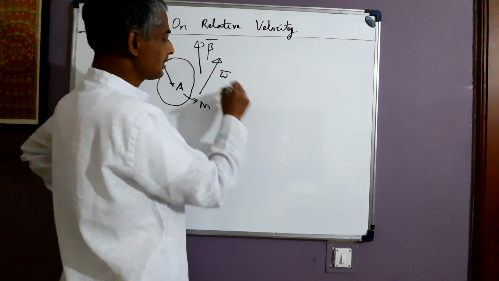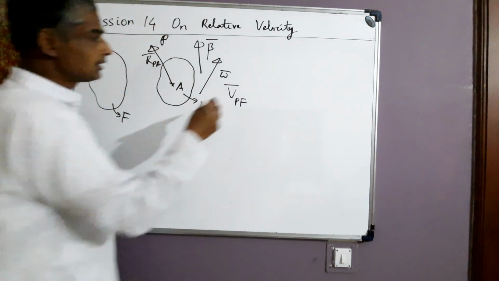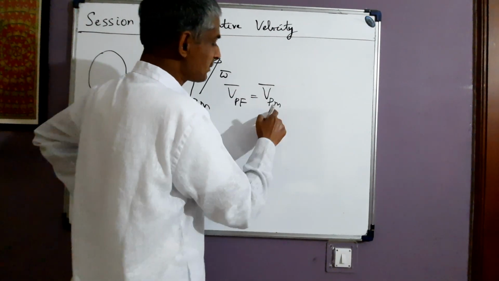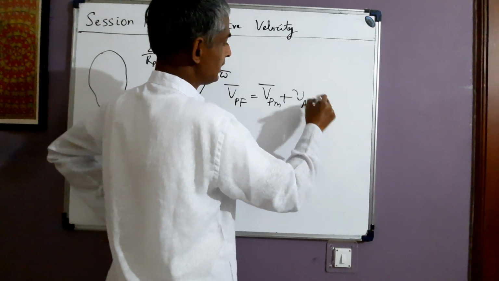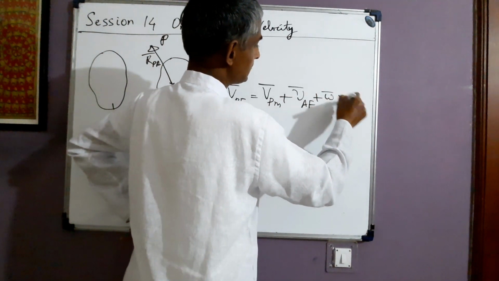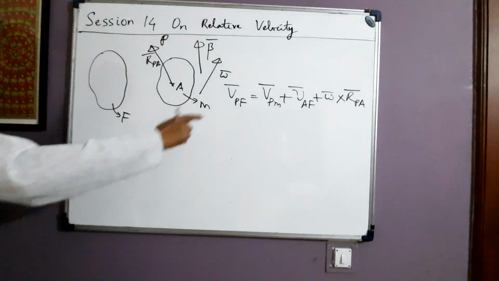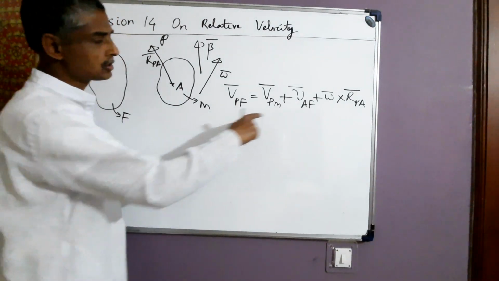So VPF, meaning the velocity of point P with respect to frame F at time t, is the same as the velocity of point P with respect to frame M at time t, plus VAF plus omega cross RPA. This formula we derived in the 13th session. We also found a relation for acceleration.